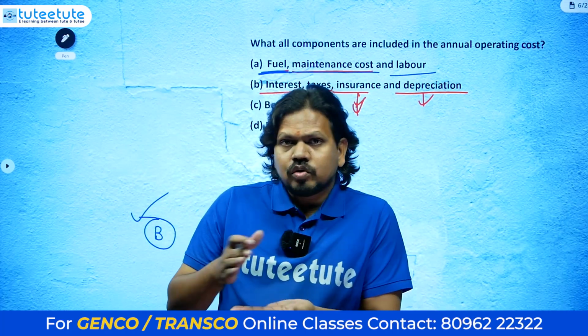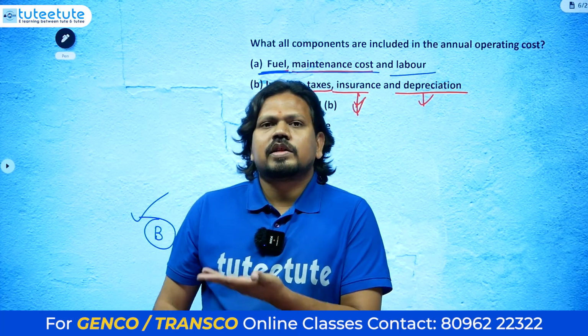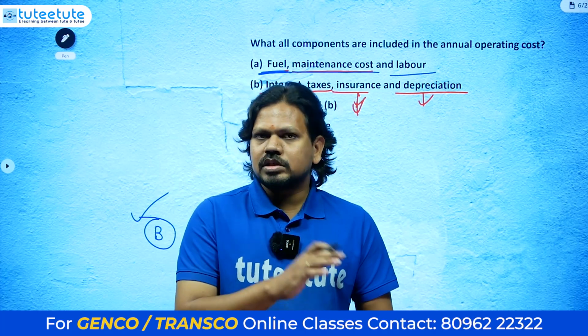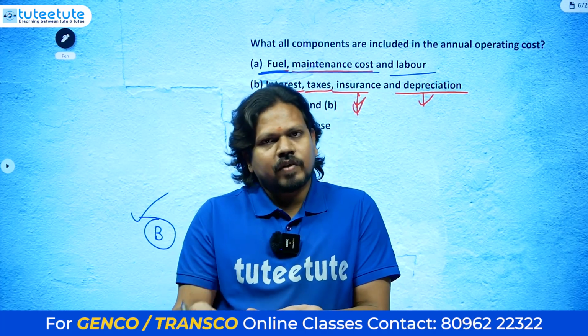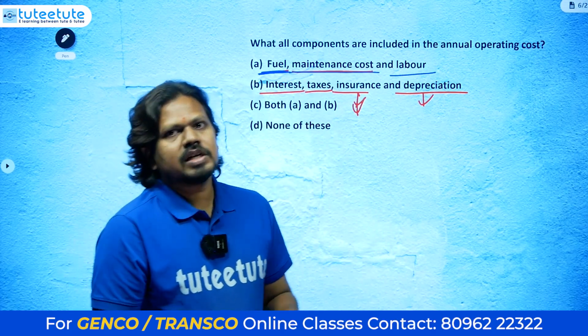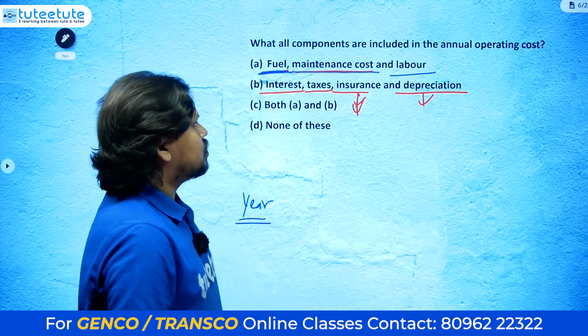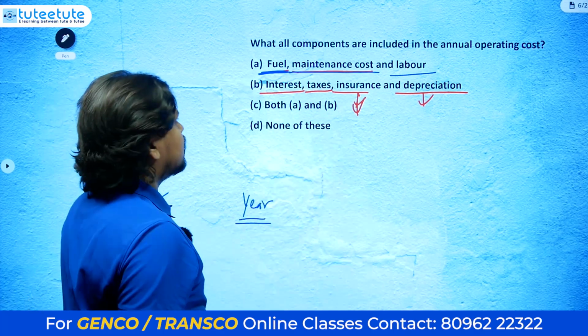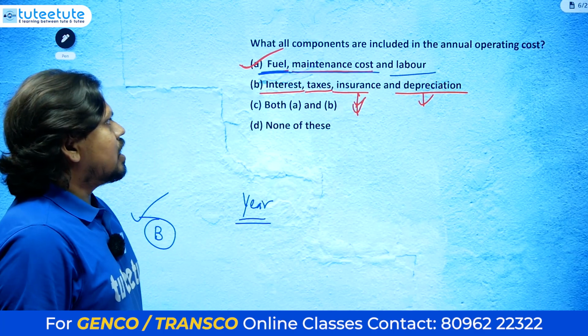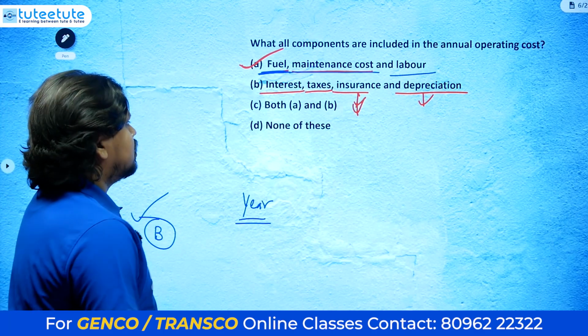So every year you have to set aside some amount. That also comes under semi-fixed or fixed cost only, not under the operational cost. Anyhow, the answer for this question is fuel, maintenance cost, and labor charges.